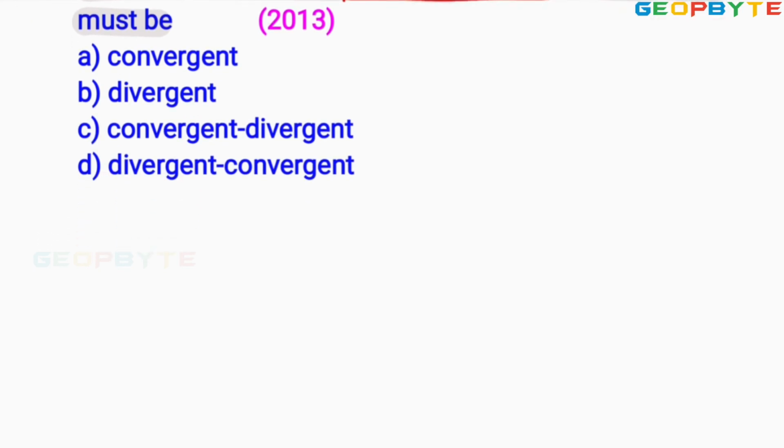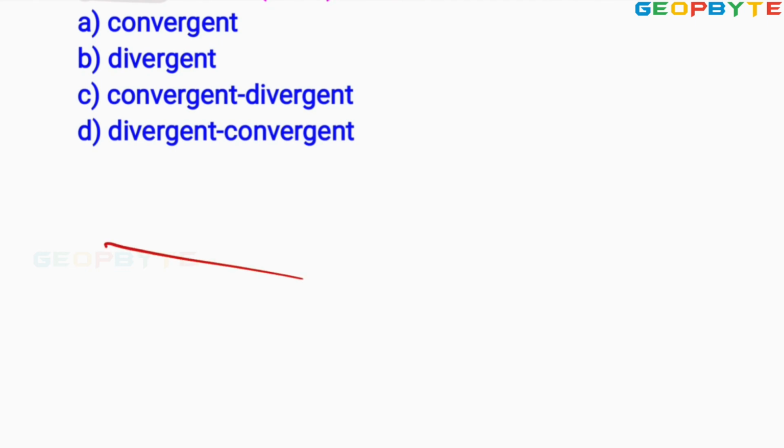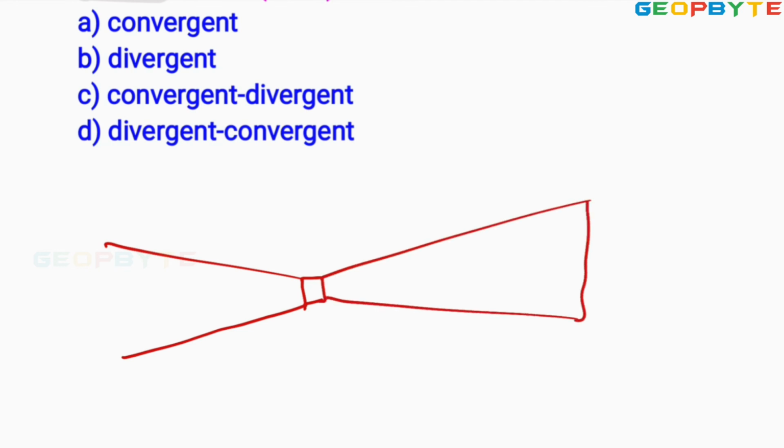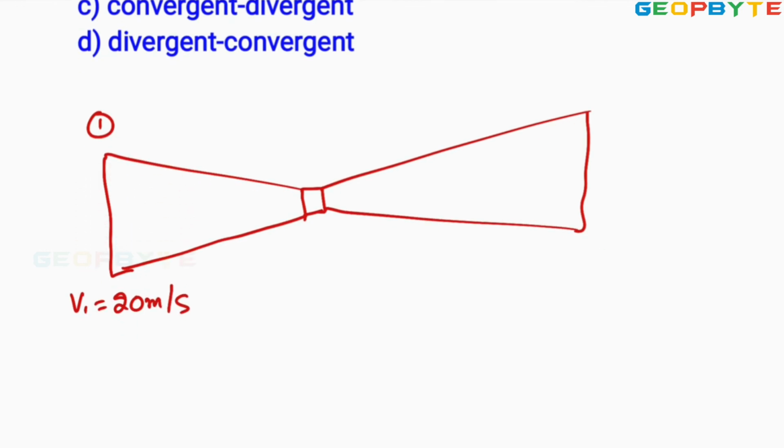If I take the converging diverging nozzle, at section 1 the velocity may be some 20 meters per second. This is less than sound velocity. Therefore V1 is less than sound velocity, so here you can find the subsonic flow.